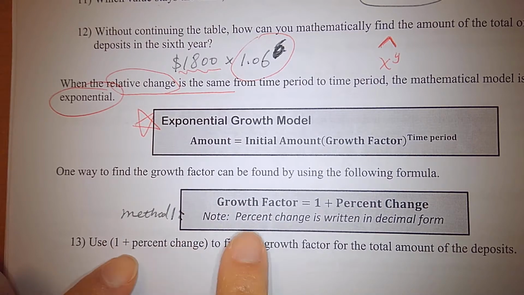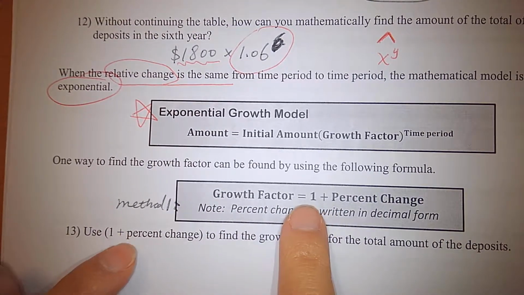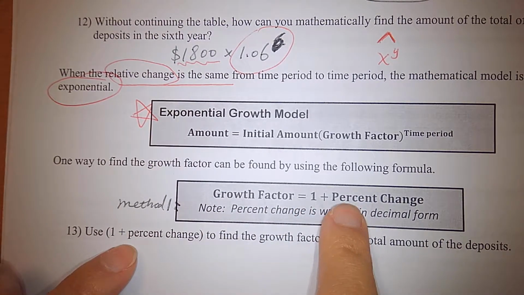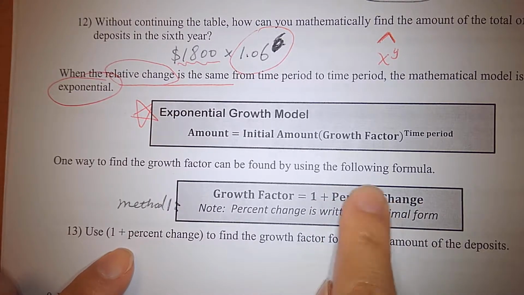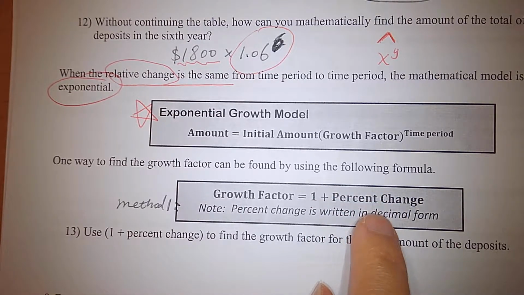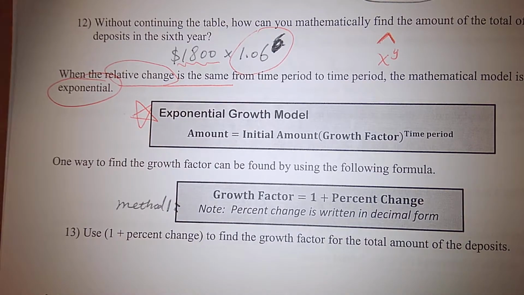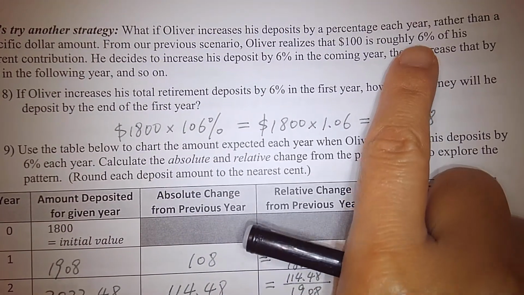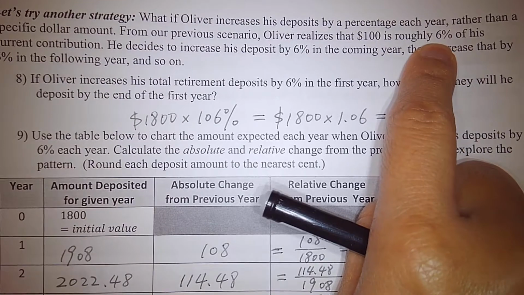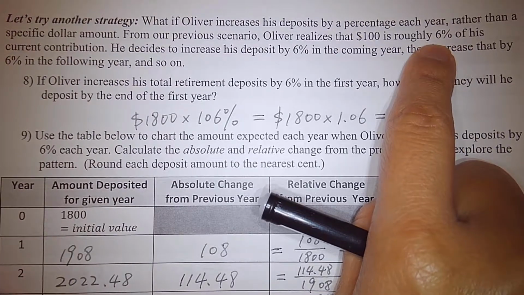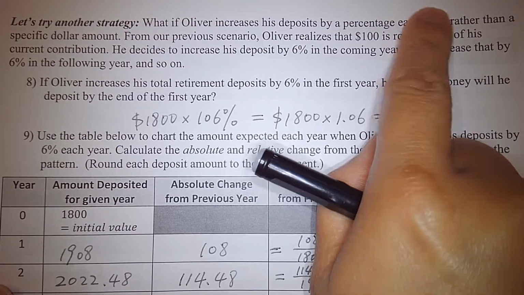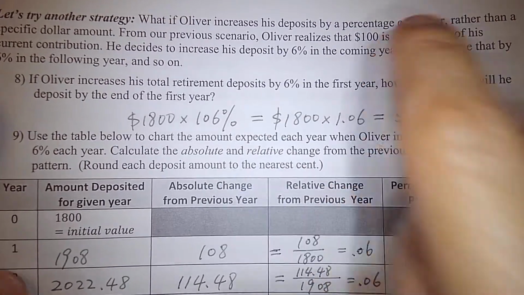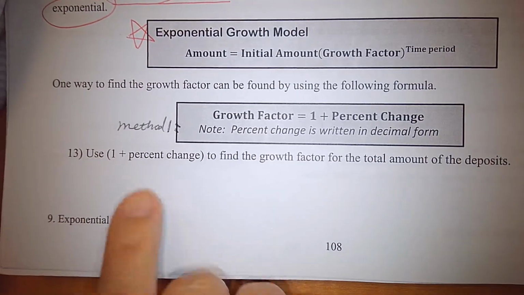to find the growth factor is by using 1 plus the percentage change. What is the percentage change in this question? Is it given? It's already given: every year it's going to be 6% more than the previous year. So the percentage change is 6%.